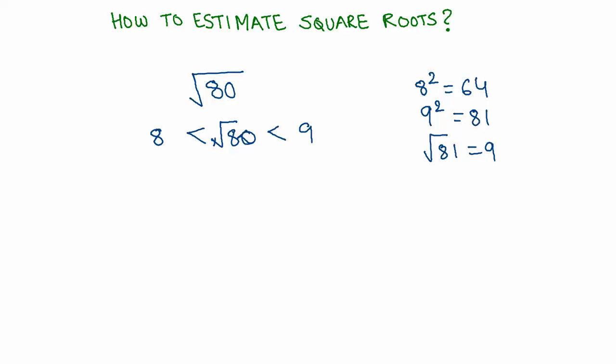The square root of 80 lies between 8 and 9. But we see that 80 is very near to the square of 9, which is 81. So I would say that the square root of 80 is roughly equal to 9. So this is just an estimate. It's very close to that. It's not the perfect one.